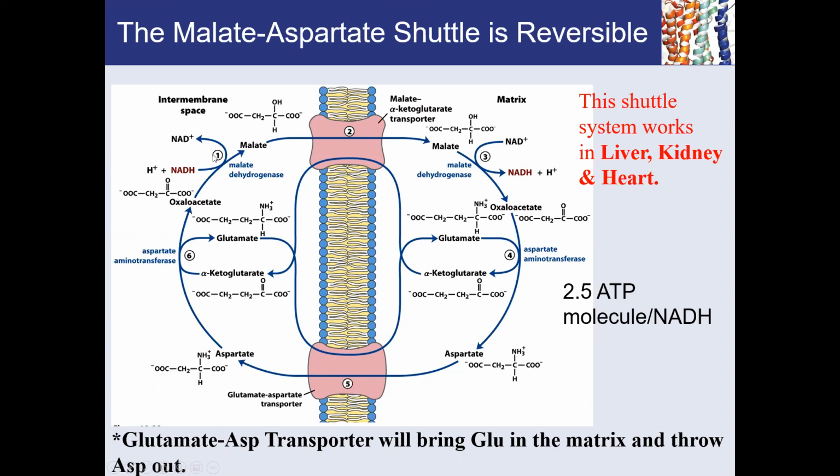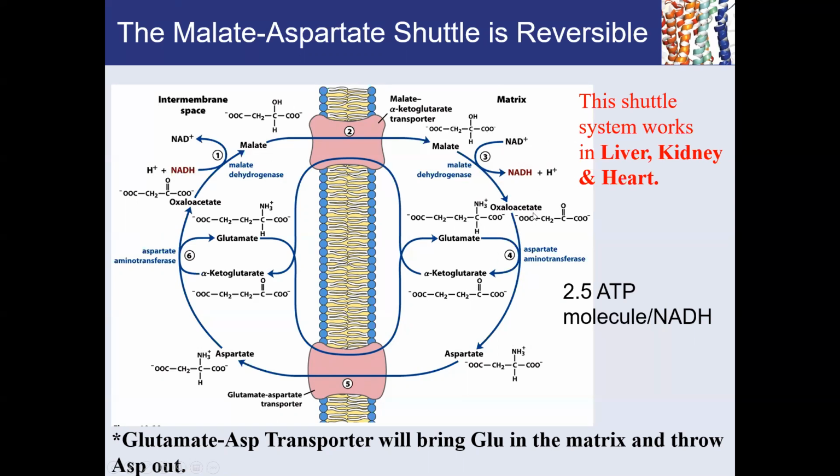How do you bring NADH from the cytosol to the mitochondrial matrix using the malate aspartate shuttle? It's a reversible shuttle system where, if you look on the left-hand side, what they are trying to do is bring the equivalent of 1 mole of NADH inside the mitochondrial matrix.